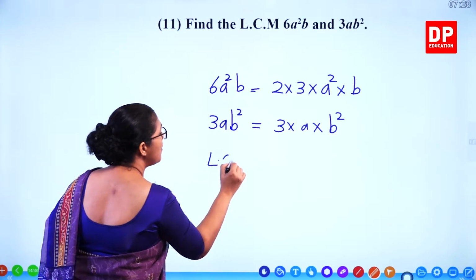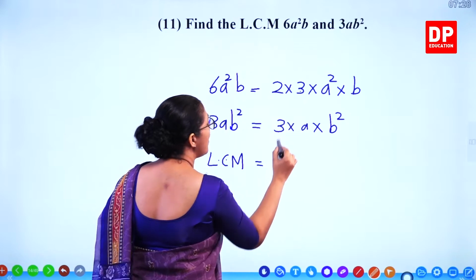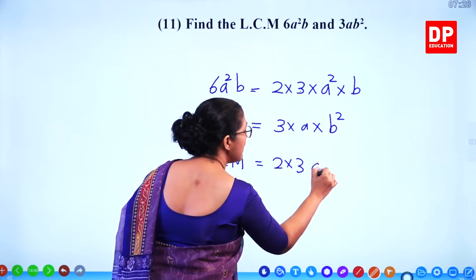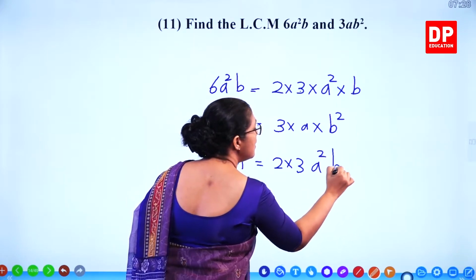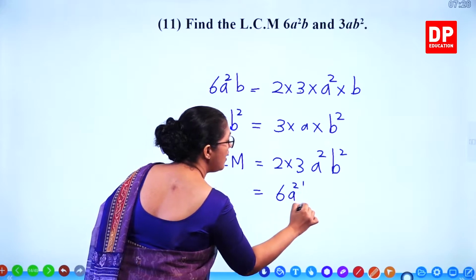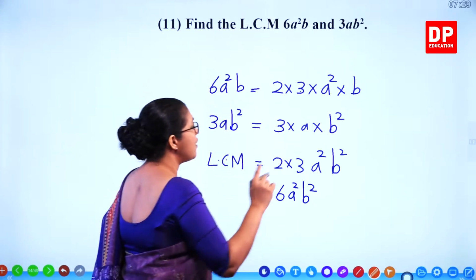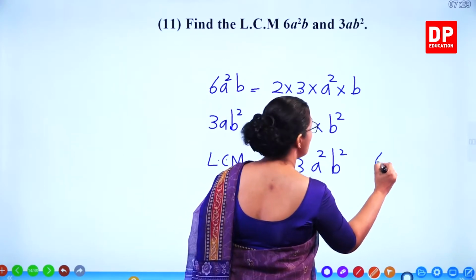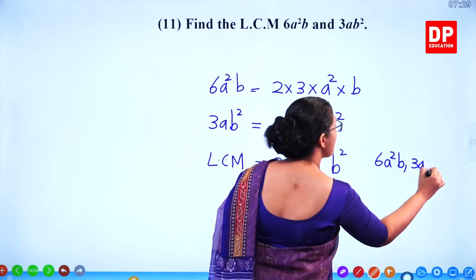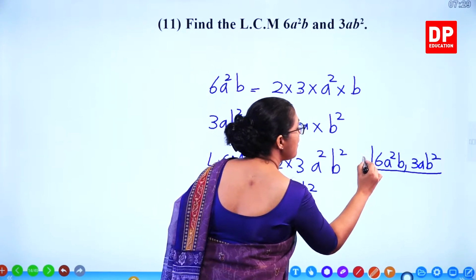So lowest common multiple is 3 once, 2 once. a squared you can take, that's the maximum power, and also b squared. So you get 6a squared b squared. But if you are doing it the other way around at once, what do you do? You can divide by 3.